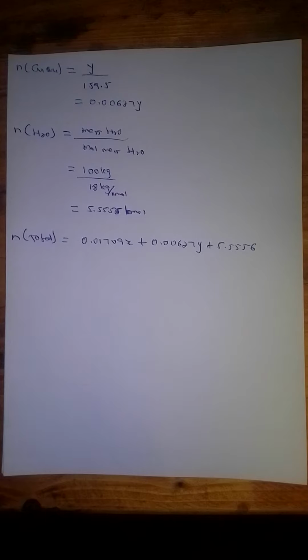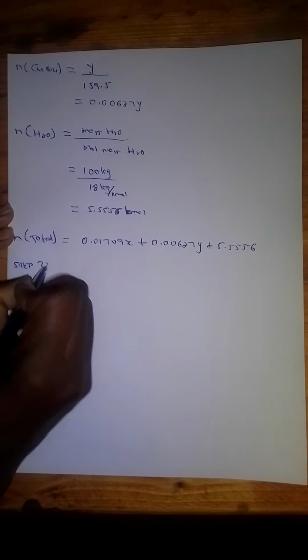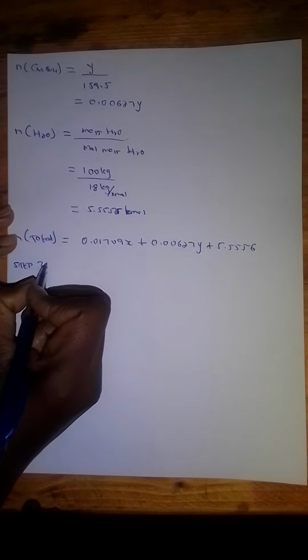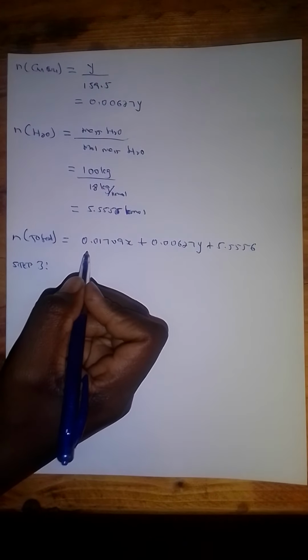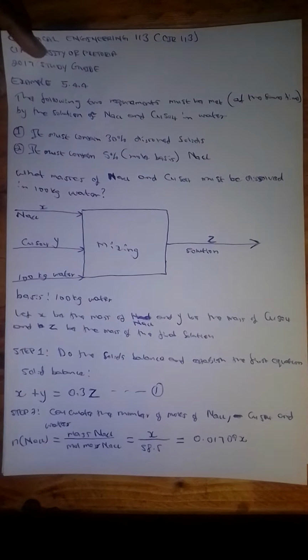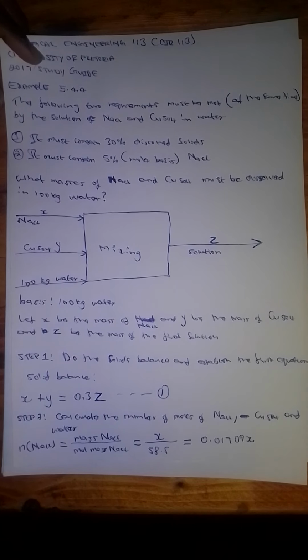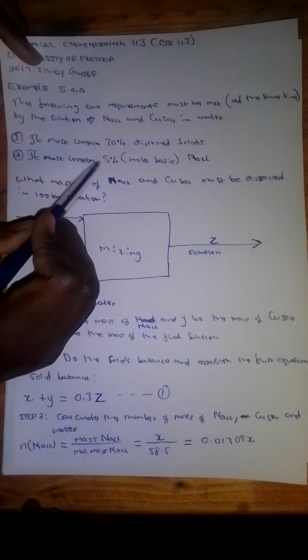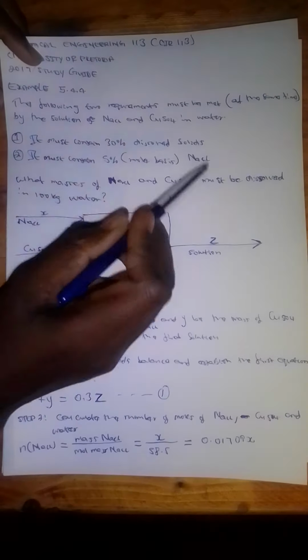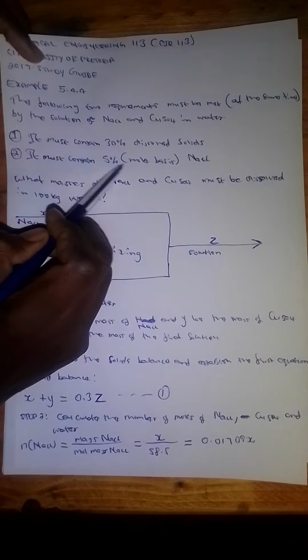Now we need to go to our step 3. Remember, they say there must be 2 requirements, and we used the first requirement of 30% dissolved solids, and we were able to get an equation out of that. Now we need to focus on the second requirement, which says it needs to contain 5% of NaCl on a mole basis.